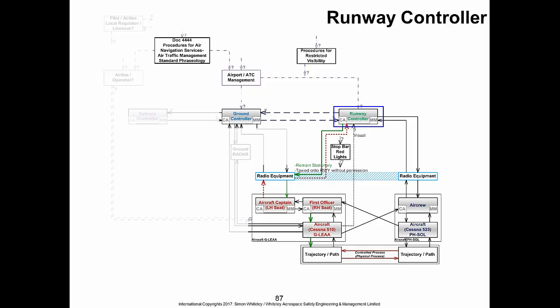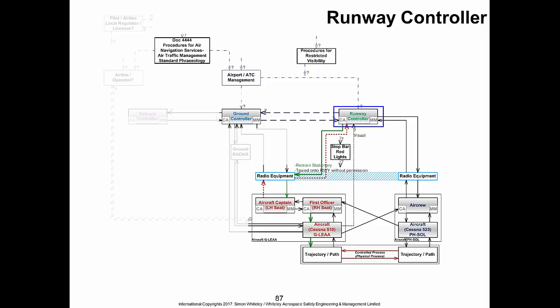So as Mark has kindly pointed out, if I did a bow tie analysis of this and I was a runway safety manager, and I've got my bow tie analysis that says, yeah, we've got some stop bar red lights, that might look like it's a valid mitigation, but clearly in this scenario it's not.